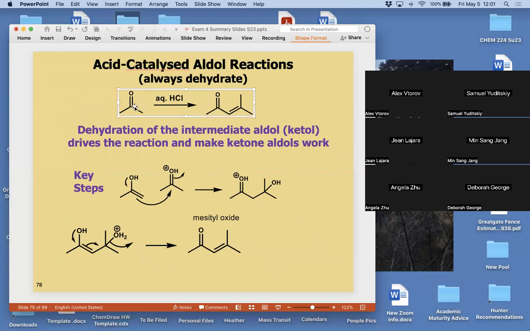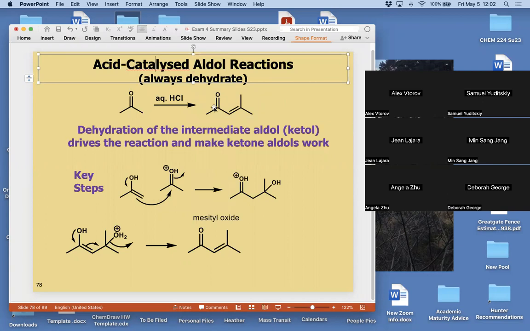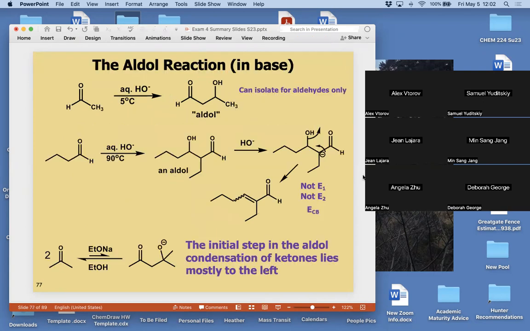So under acid conditions, the ketone again does not make the aldol product, the ketol, if that's a word. So under acid, they always dehydrate. If you do this first reaction under acid, you're going to get the double bond. It'll dehydrate.